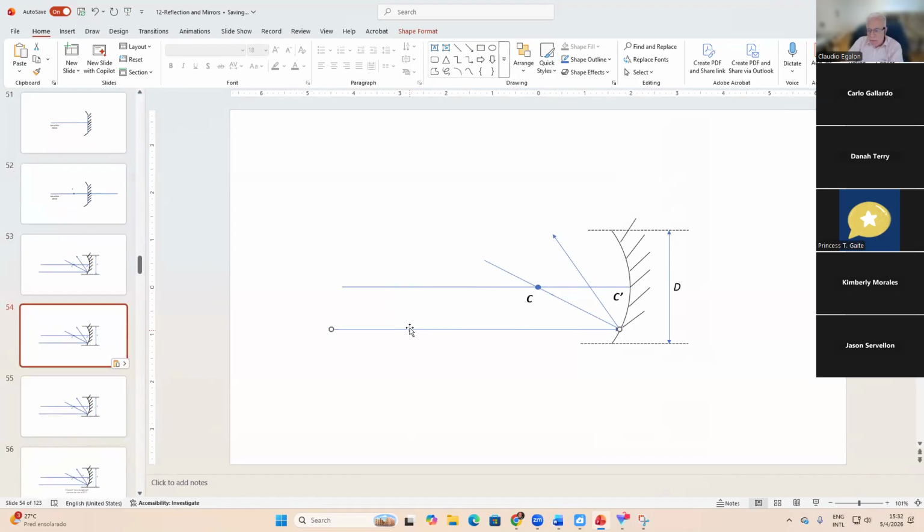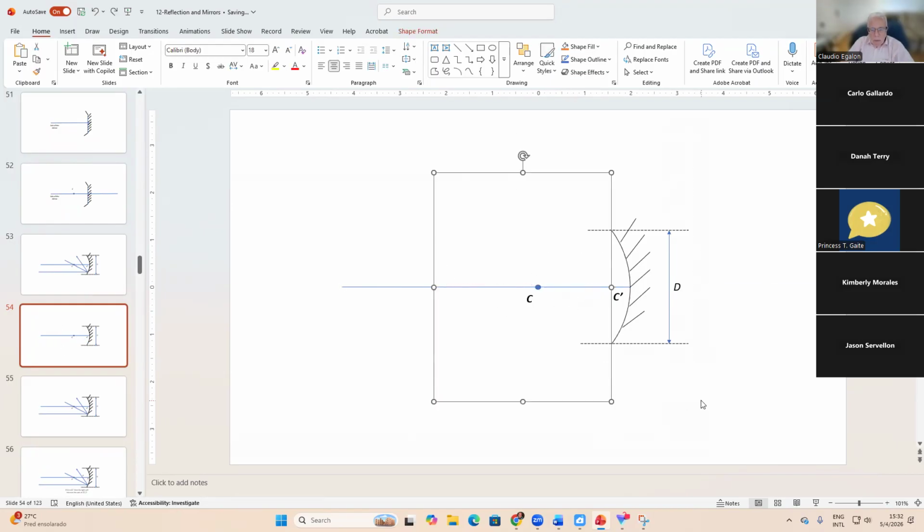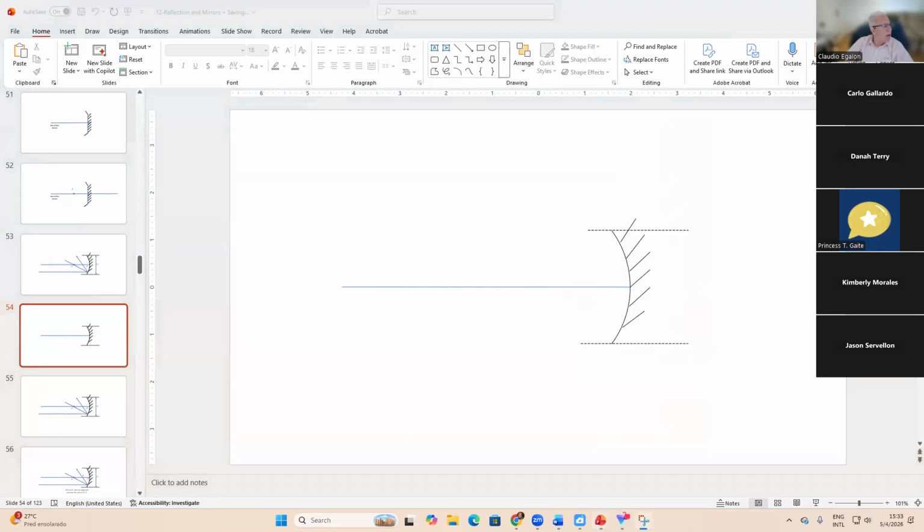That's the axis. I don't need that. I'll keep it there. Right here. A more realistic representation of a concave mirror.